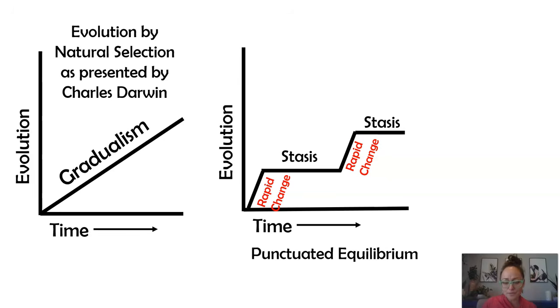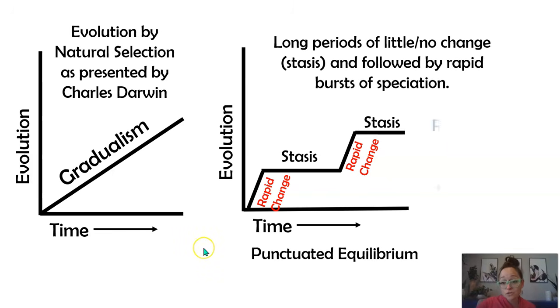Now, examples of what this looks like is if you think about the end of the last ice age. The last ice age ended about 10,000 years ago, and it was pretty quick. So if you have an ice age that lasted for however many thousands of years, and life evolved during this ice age, but then it had a quick warming and melting of the ice age, that's like a rapid change and lots of ecological stress.